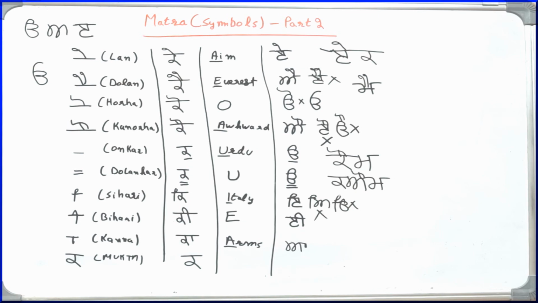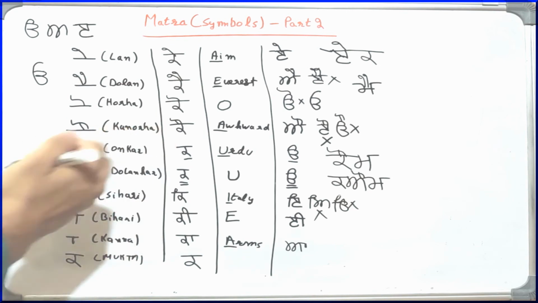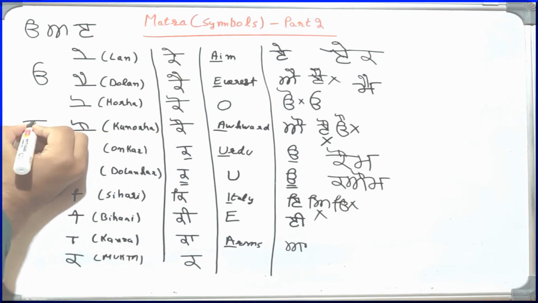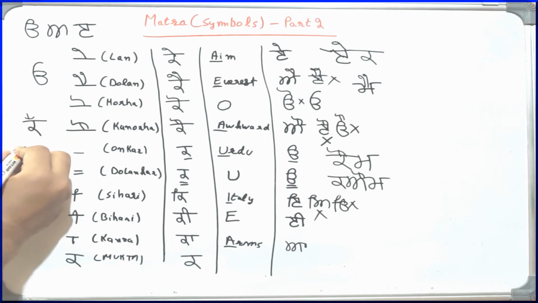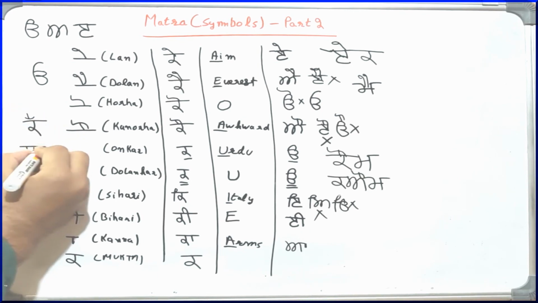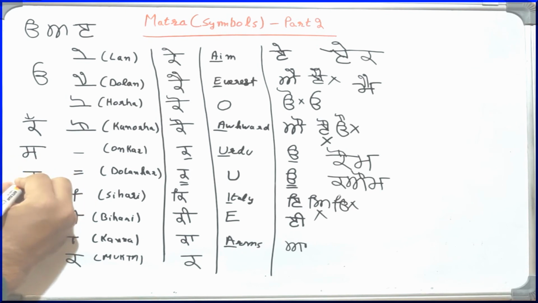I think if you are following the lectures, you will know that one group will have the line on the top. We can take the example of kakka. So this line is there on the top, right? We can have sassa. It also has a line. Dada. It also has a line.